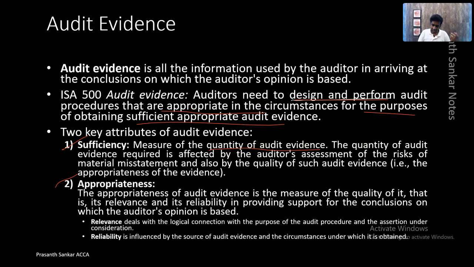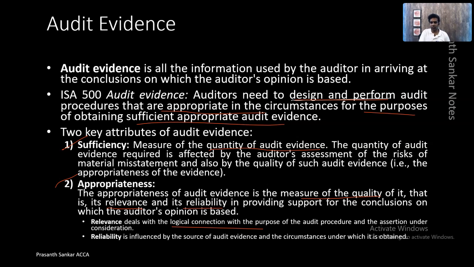Second is appropriateness. Appropriate measures the quality of the evidence. If evidence is to have a good quality, it has to be relevant as well as reliable. Relevance means for what purpose he is collecting the evidence. Like what is the characteristic he is trying to prove in terms of a transaction.